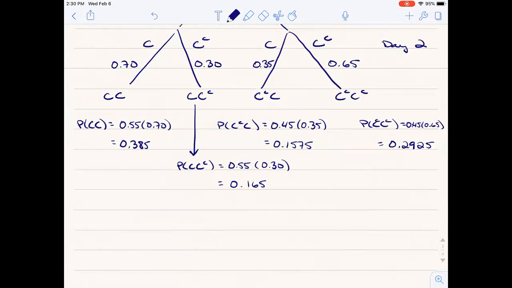So as a quick check, you can just make sure that they total to 1, and that's why you don't want to be rounding any values here. So just do a total: 0.2925 plus 0.1575 plus 0.165 plus 0.385. 1. Woohoo! Oh, so they total 1.